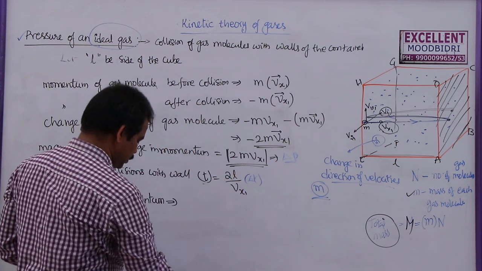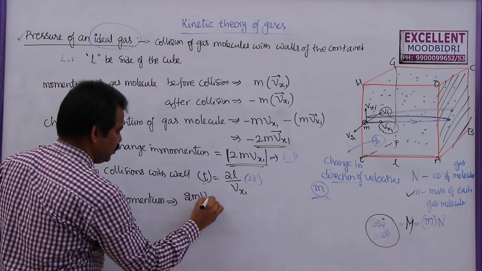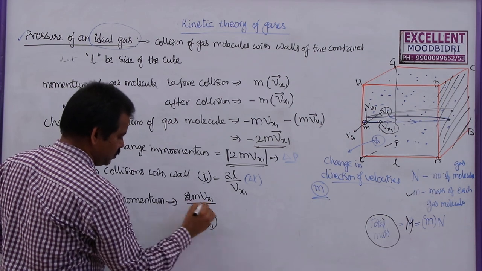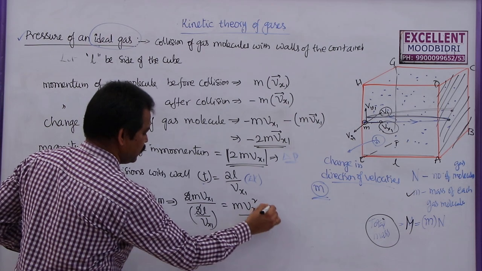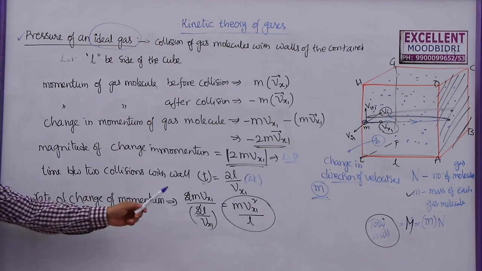So dP by dt, I am going to write this as 2mvx1 by 2L by vx1, the 2 gets cancelled, m vx1 square by L. This is the rate of change in momentum of this particle.